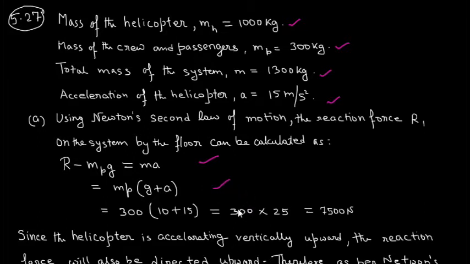Put the value of m_p, that is 300, times (10 plus 15), which is equal to 300 into 25, that is 7500 Newton.